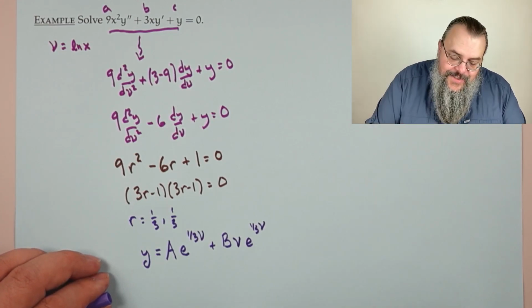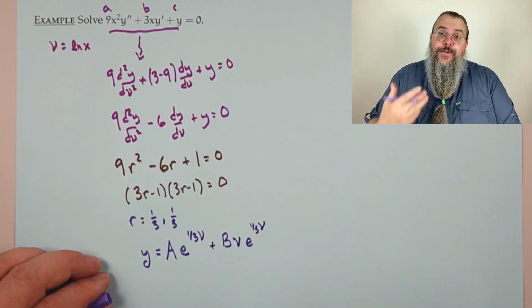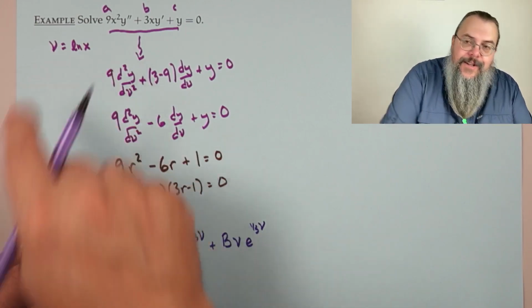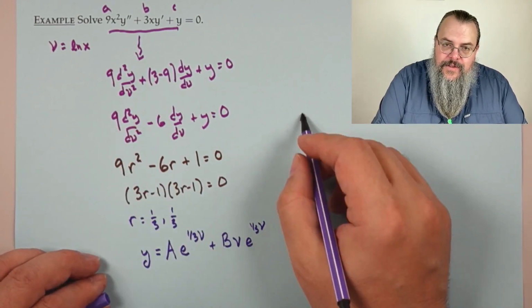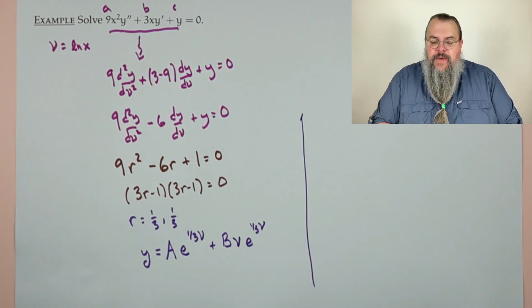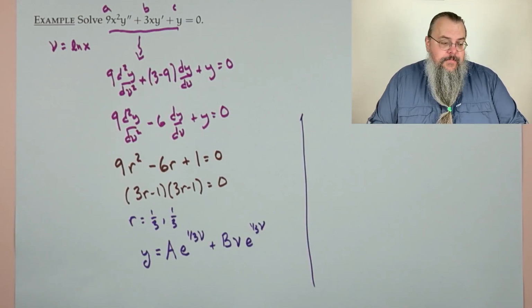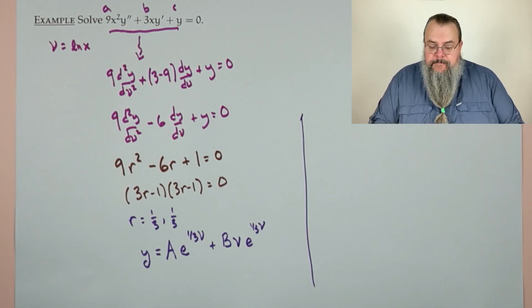Now, is this our answer? Well, no, because we added this new variable. So we should get back in terms of what we started with. We need to rewrite it in terms of where we began.